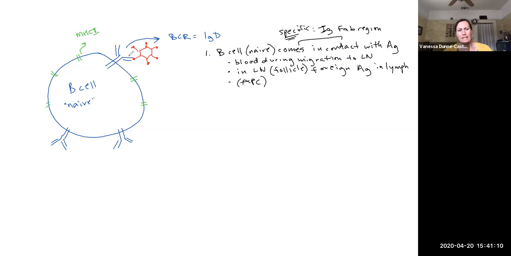And it's through this highly specific interaction between the immunoglobulin receptor, FAB region, and the foreign antigen, and specifically the epitope on that foreign antigen, if you guys remember that. So this then will cause this B cell to undergo the process of phagocytosis.